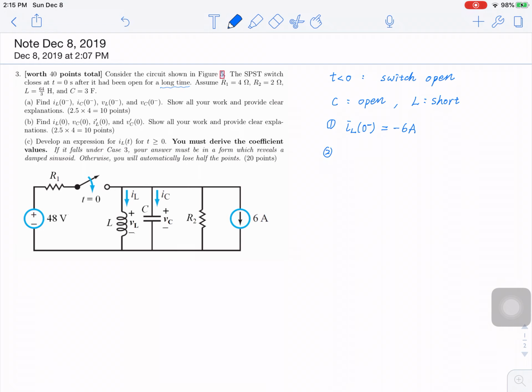And because L is short circuit, we know that VL(0-) is equal to 0 volts. Also, because this is a parallel circuit, we know that VC(0-) is also 0 volts.